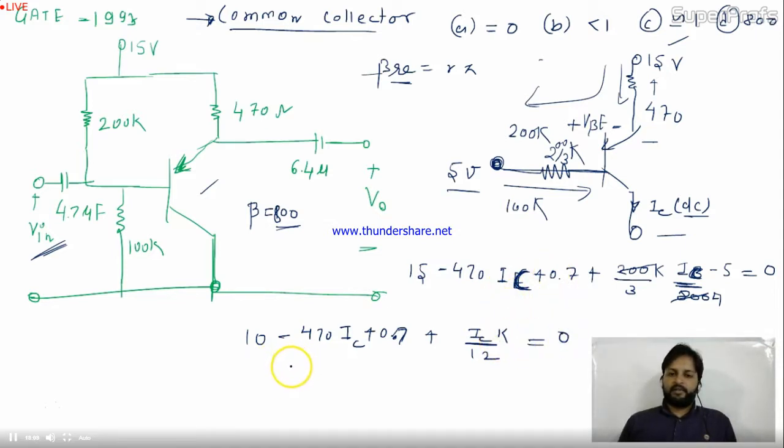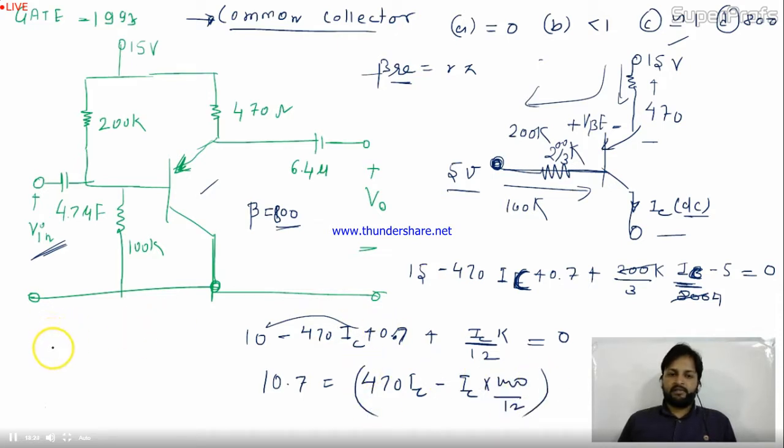So this is 10.7, 470 IC minus IC into 1000 by 12. This is like this. So when you calculate IC, you will get 10.7 divided by 470 minus 1000 by 12.